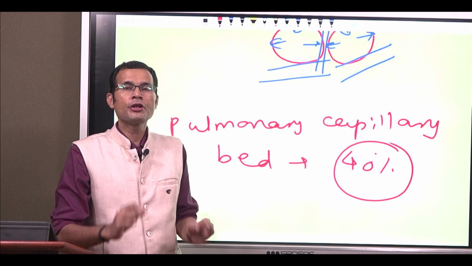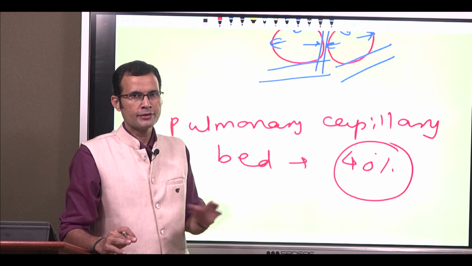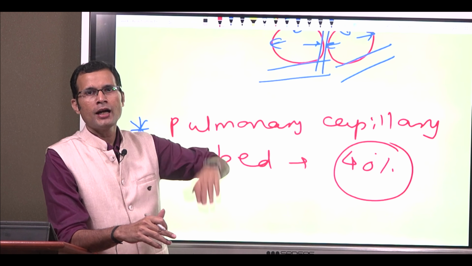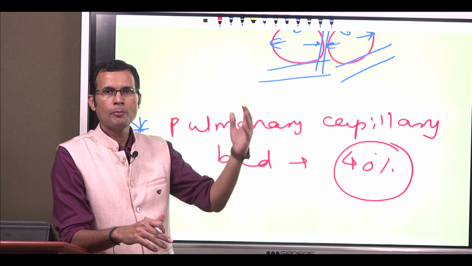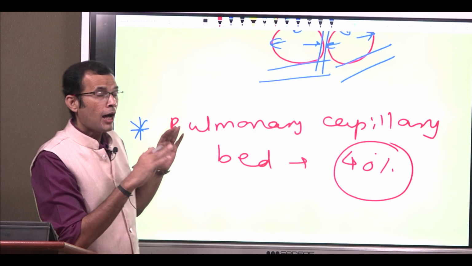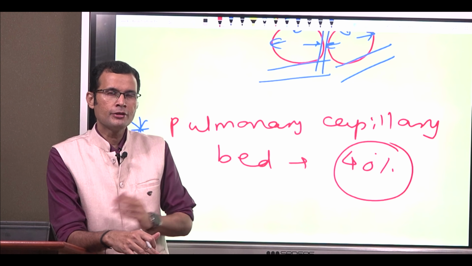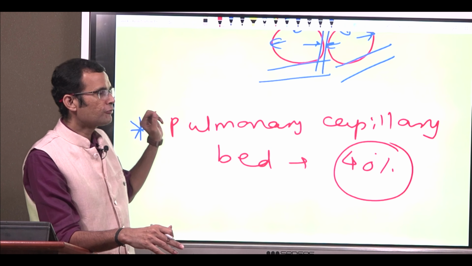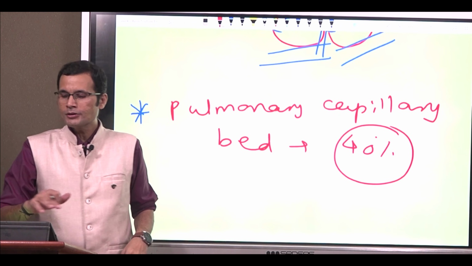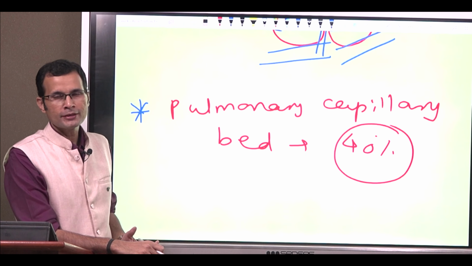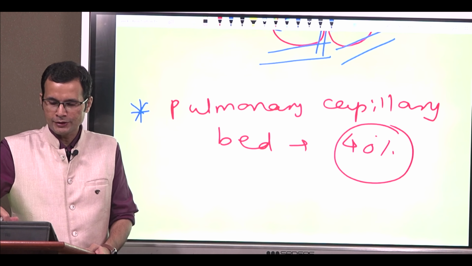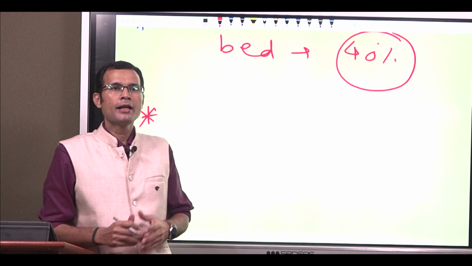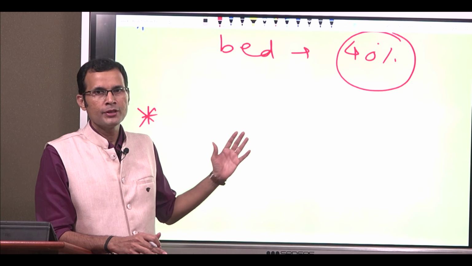They are the major contributors to the resistance to the blood flow, because they are narrower as compared to the aorta and arteries, and they are a little stiffer compared to the compliance vessels. So in the systemic circulation, arterioles contribute maximally to the resistance. In the pulmonary vascular bed, capillaries contribute almost 40% to the pulmonary vascular resistance. Now, let's try to calculate how much this resistance is.